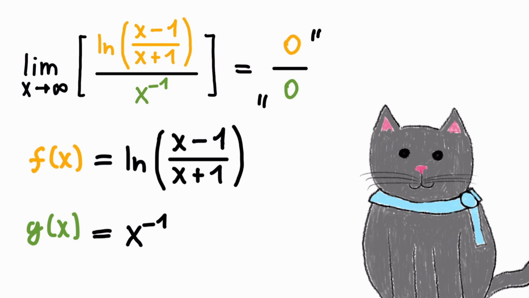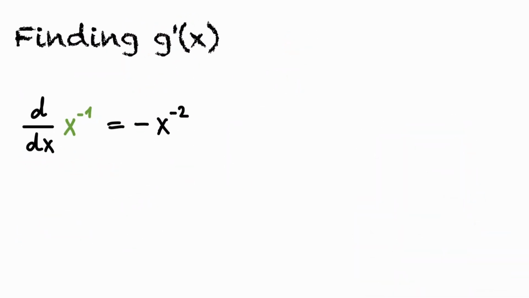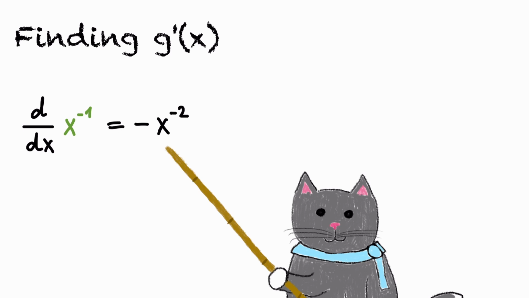Let's find the derivatives of these functions and see if we can find the value of the limit in question. Let's start with the easier one. The derivative of x to the minus 1 is calculated straightforwardly by the known polynomial derivation rules, resulting in g prime of x being equal to minus x to the minus 2.